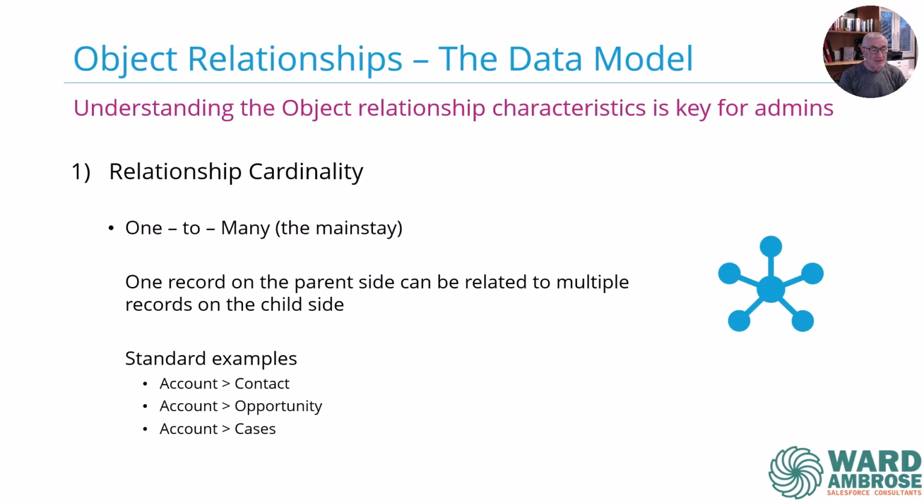For example, one account can be related to many contacts, one account can be related to many opportunities, one account to many cases, but those contacts, opportunities, and cases are related to only one account. They have one parent. There are, of course, exceptions to this, but let's just keep to the standard examples.